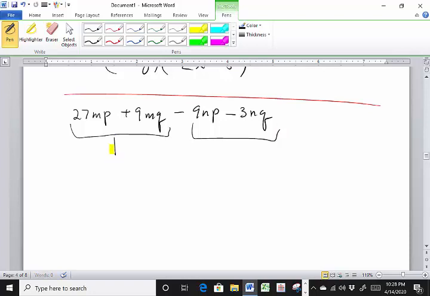Out of these two, what's the GCF? Well, it's 9. What else is common is the m, and the m has the lowest exponent of 1, so that's it. So 9m times what gives me 27mp? Well, 9 times 3 gives me the 27. The m's already in the GCF, so it's just the p. And you just visually do that in your head. 9m times 3p, does that give me 27mp?